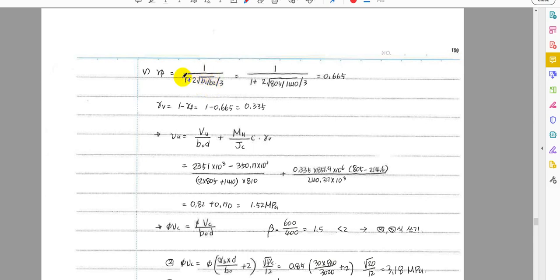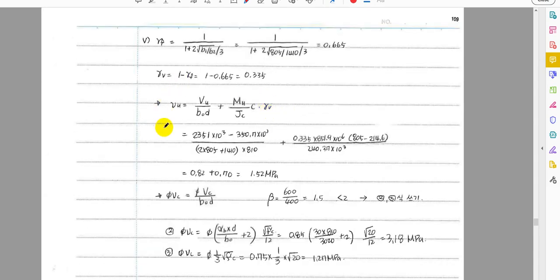This is a very important formula in understanding the unbalanced moment and how to design against that unbalanced moment, right? So 66.5% should be resisted by flexure, and the rest should be resisted by the shear force and shear strength of the foundation.